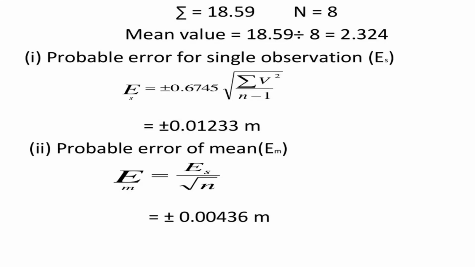So in the first case, it is equal to plus or minus 0.6745 root of summation of v square divided by n minus 1, so plus or minus 0.01233 meter. The probable error of the mean is given by the formula E base S divided by root of n. So we got the answer plus or minus 0.00436 meter.